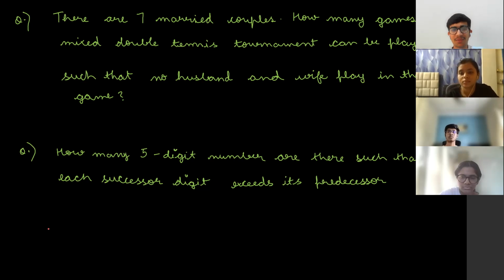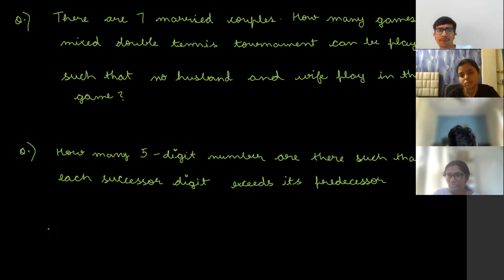7 pairs. So no, I mean 14C2, so you selected 2 people out of, okay, minus those cases when, so you have 7 pairs, right?